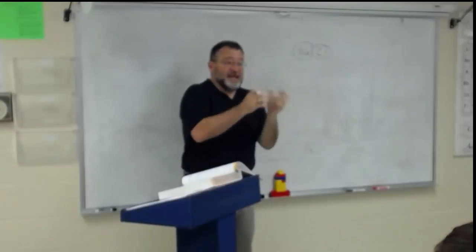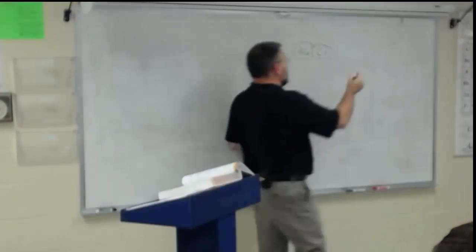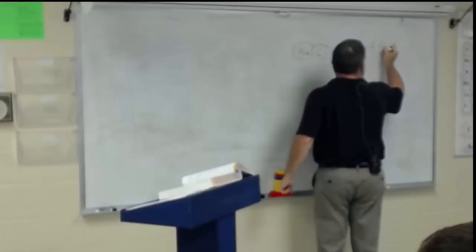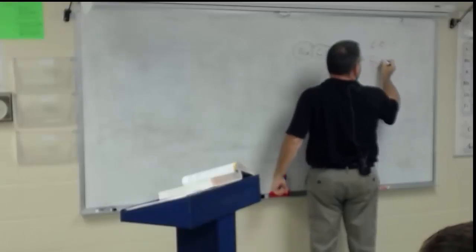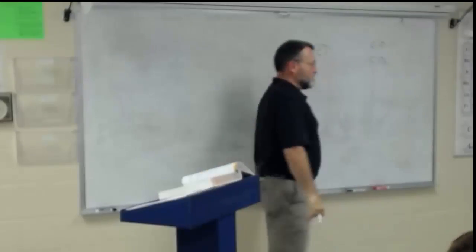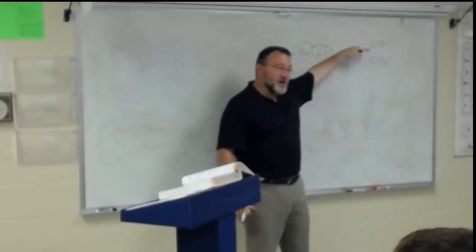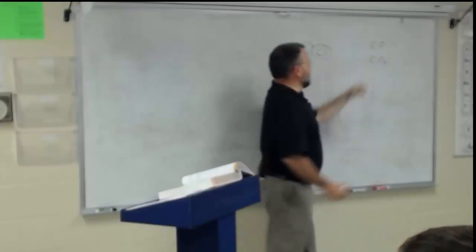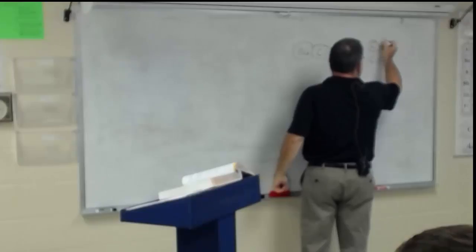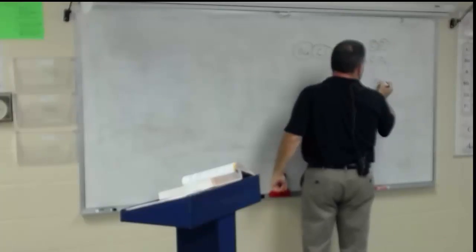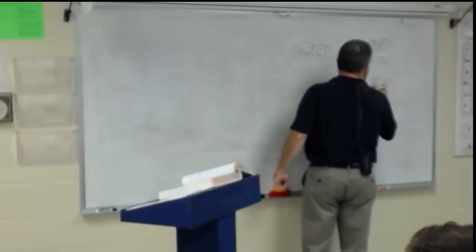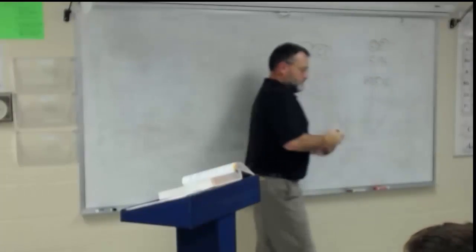If I put carbon and oxygen together, I may have a carbon monoxide molecule. I could also have carbon dioxide molecules. Carbon and oxygen are the only building blocks that make up these molecules, and yet they come together in different structures. Here it's 1 carbon and 1 oxygen, and this one here we're going to have a carbon and 2 oxygens.